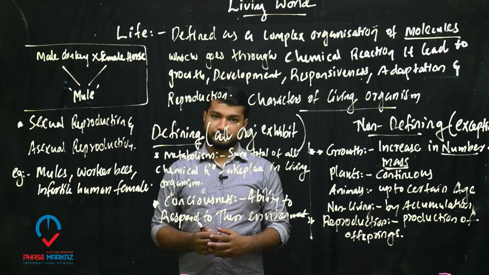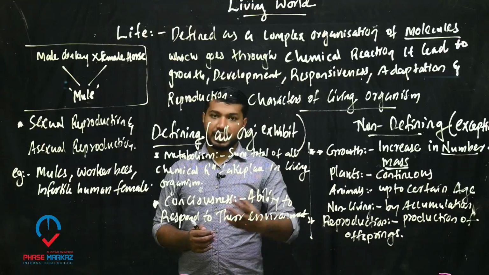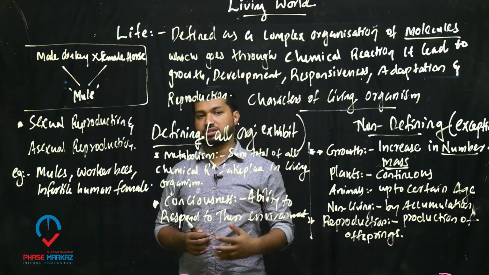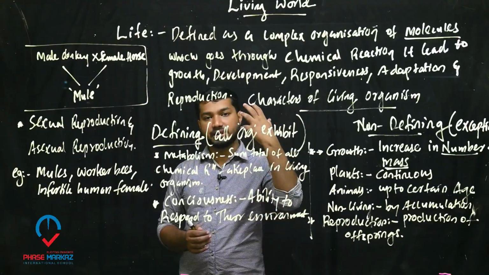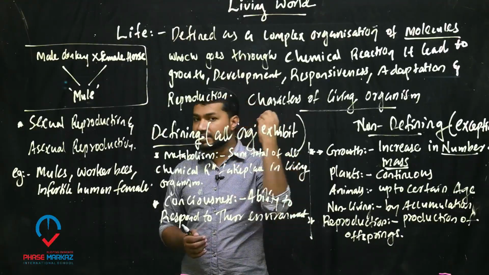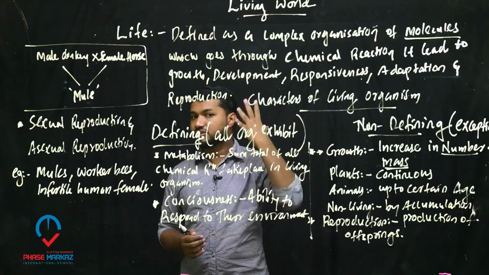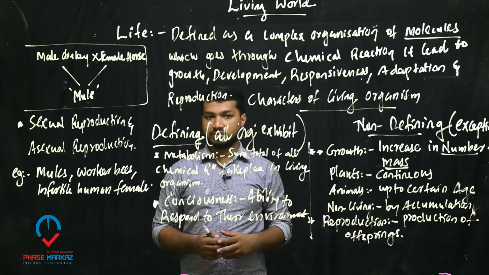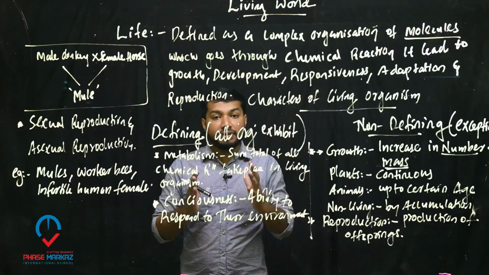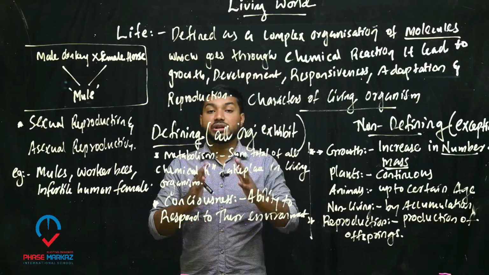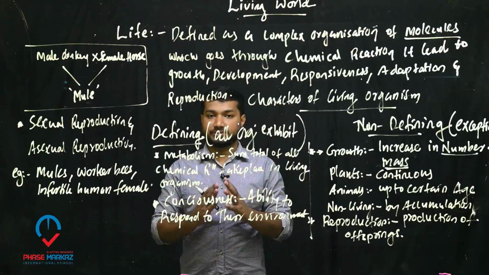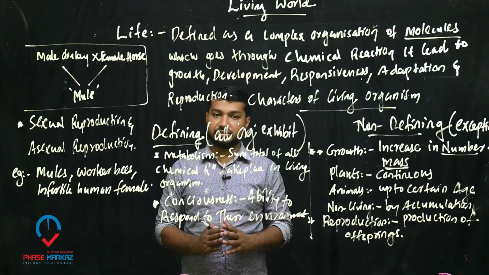Vision, right. Light is reflecting from the object and entering into the eye, so we can see the object. So light coming from the object is considered a stimulus. We can hear sound, so the sound wave is considered a stimulus. We can smell, right. So living organisms have the ability to sense their surroundings, that is called consciousness.